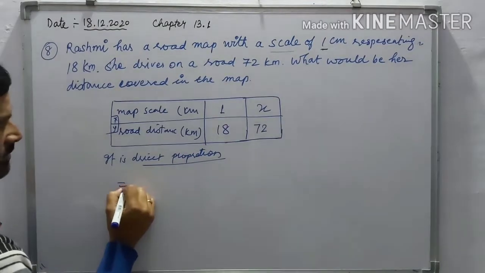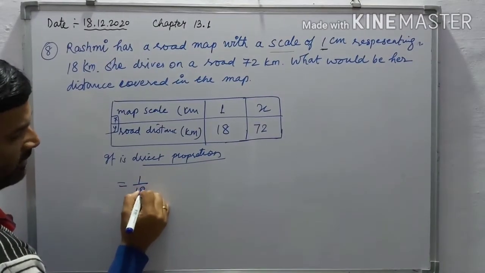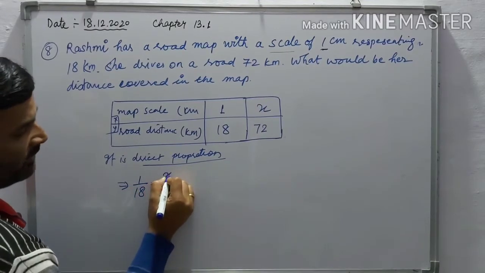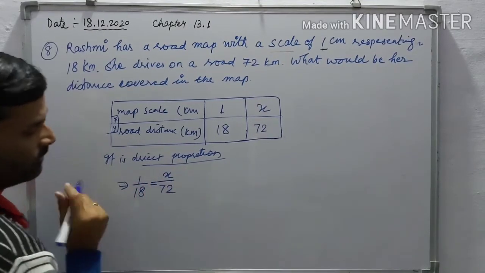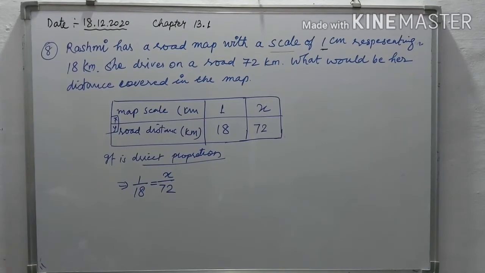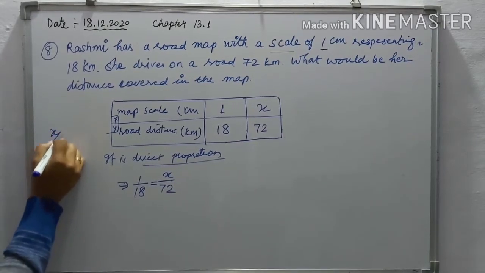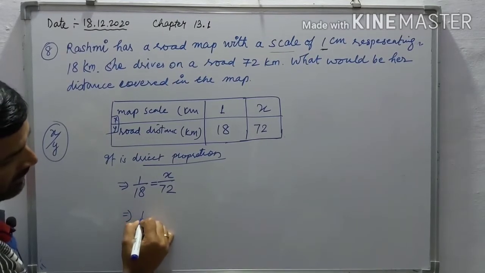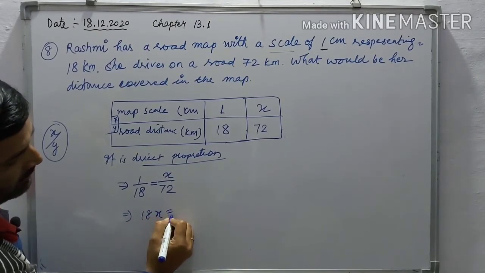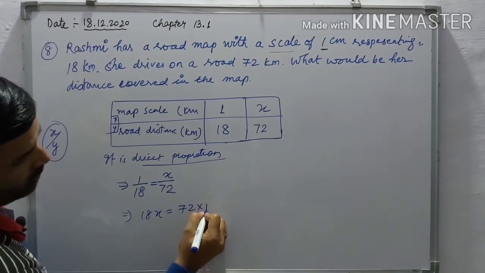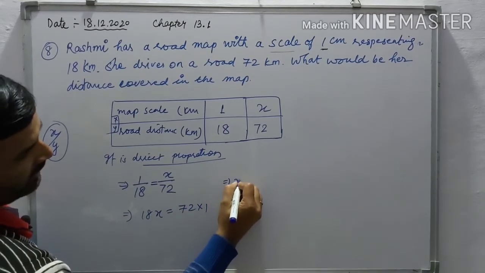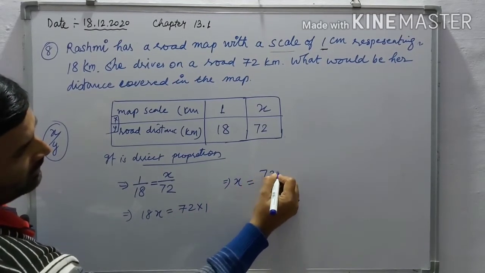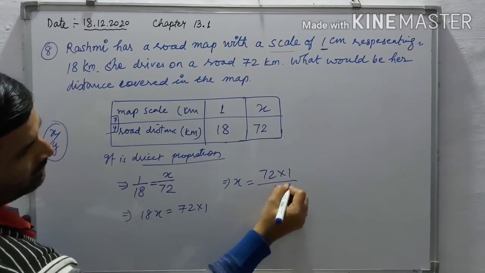Direct means that the value of 1 upon 18 is equal to x upon 72, because the direct formula is x upon y. Multiplying, 18x is equal to 72 into 1. It means x is equal to 72 into 1 upon 18.